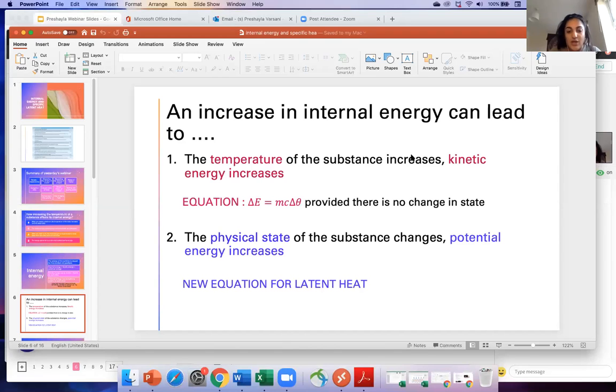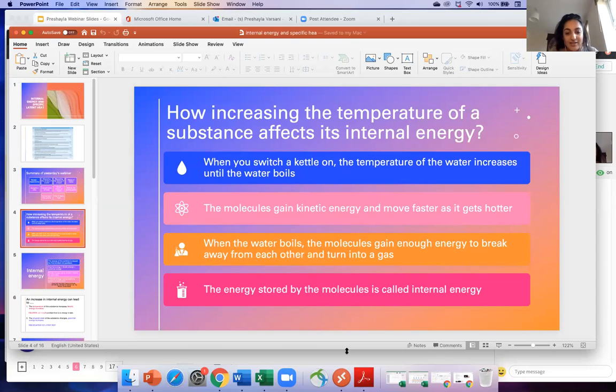Okay, so moving on then to temperature. How does increasing the temperature of a substance affect its internal energy? When you switch a kettle on, the temperature of the water increases until the water boils.